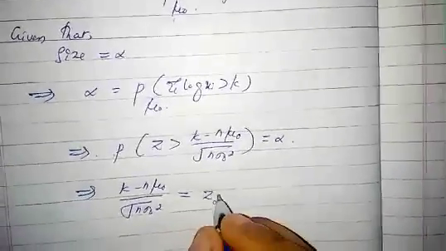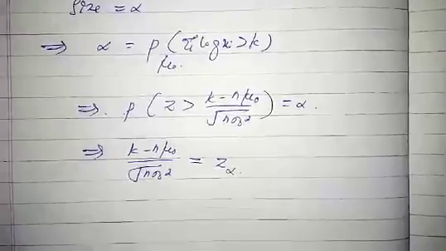The z alpha value is determined from the standard normal table, okay?